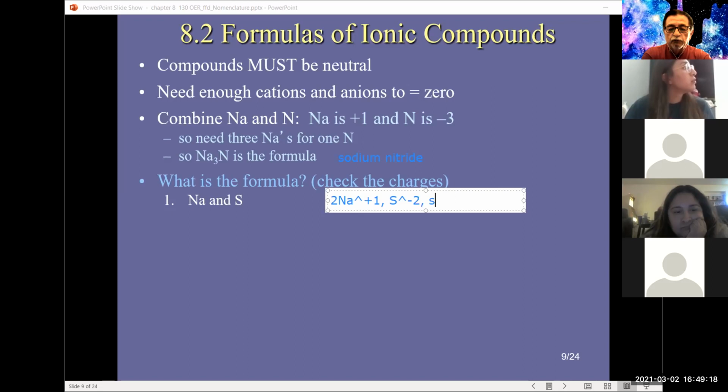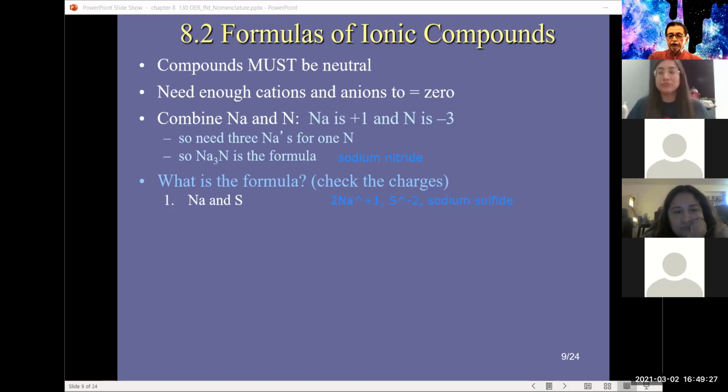And the name would be sodium sulfide. Okay. So that 2 in front of sodium becomes a subscript. And there's a formula, Na2S. Okay. Hopefully you can start seeing the little trend here.